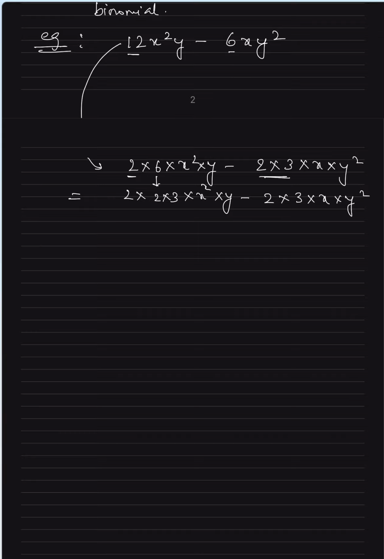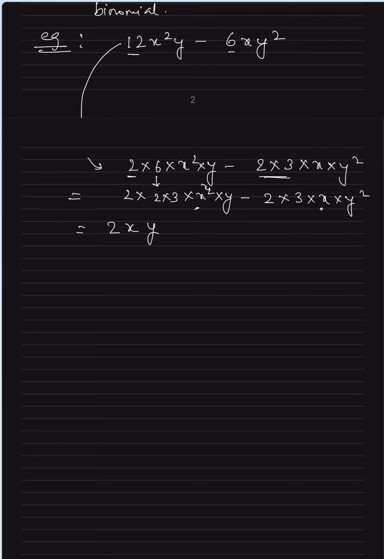Now we can take out 2 common because both the terms have only one 2. Then the least power of the literals, x square and x, so we will take out x common, and here y square is there but there only y is there, so we will take out y common.